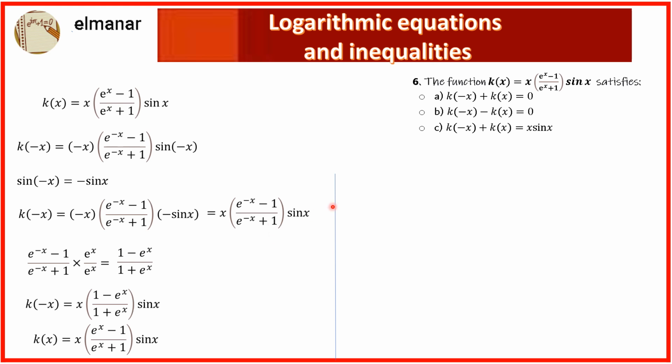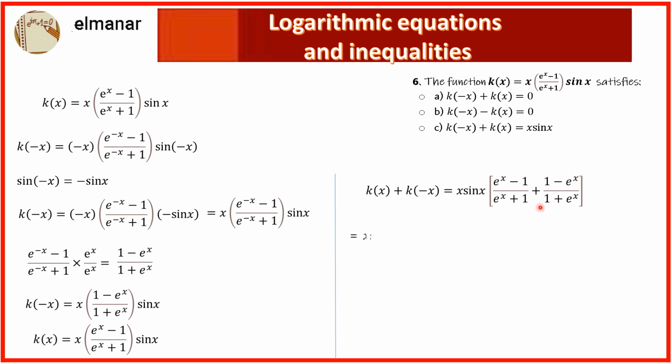Therefore, what does k of x plus k of negative x equal? It is x times sine of x multiplied by the sum of the two fractions, e to the x minus 1 over e to the x plus 1, plus 1 minus e to the x over 1 plus e to the x. What does this equal?